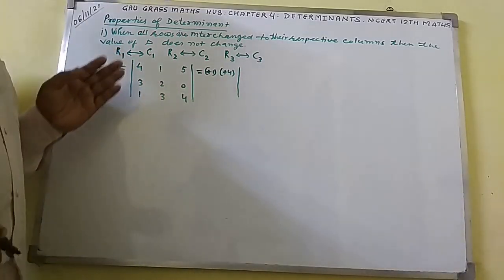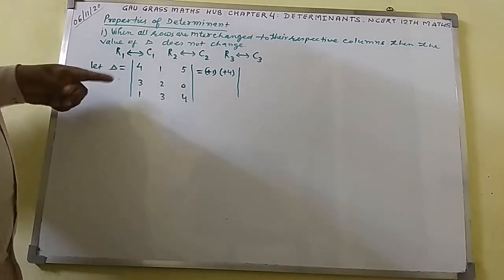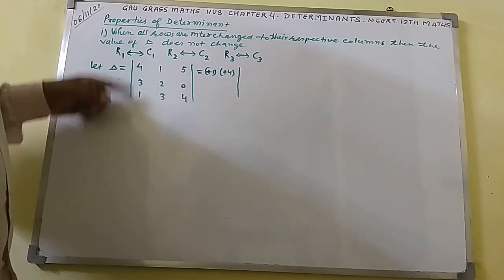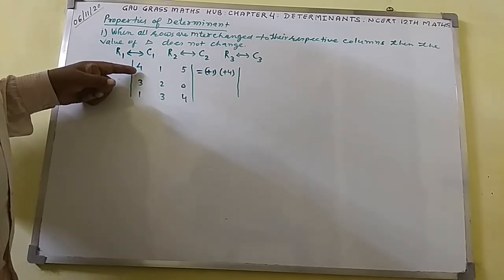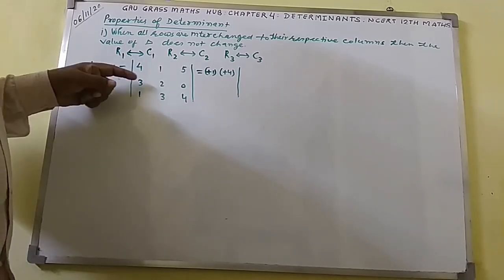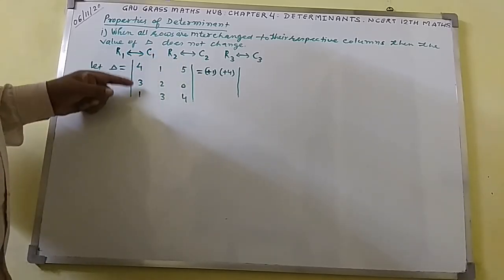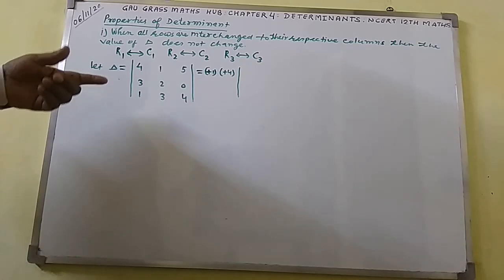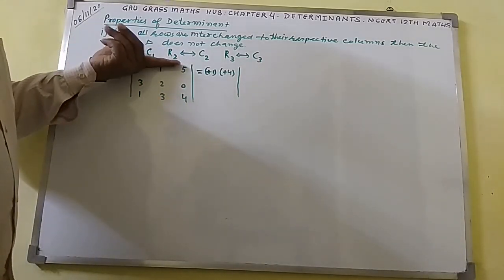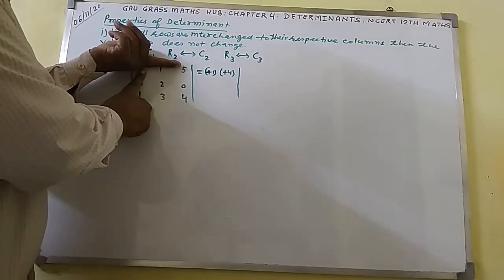Now the minor of 4: since 4 is in the first row and first column, the first row will be hidden and the first column will also be hidden.